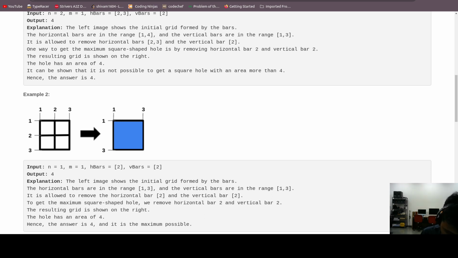So by removing each line you are creating one extra horizontal space, but in between you are having a line that you can't remove. So the maximum area depends on how many consecutive lines can be removed.